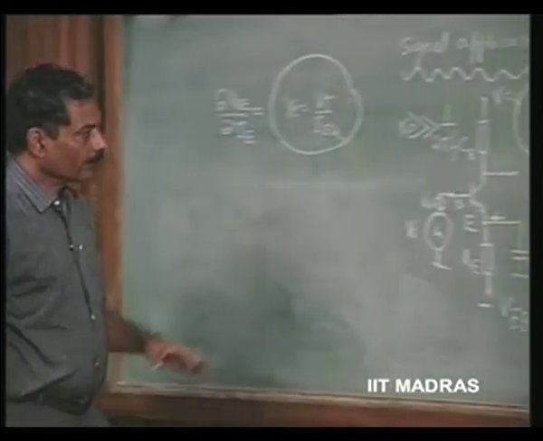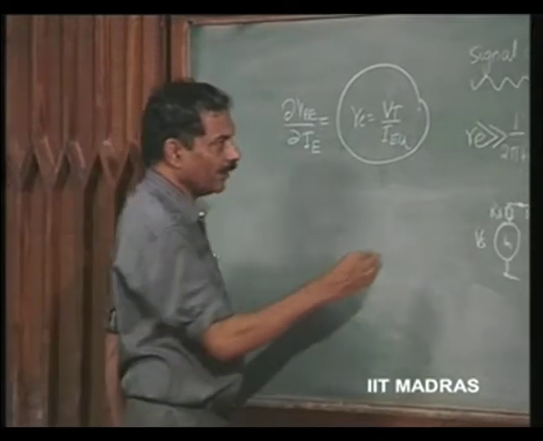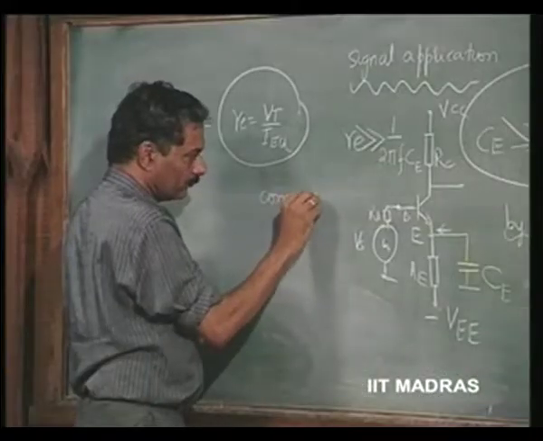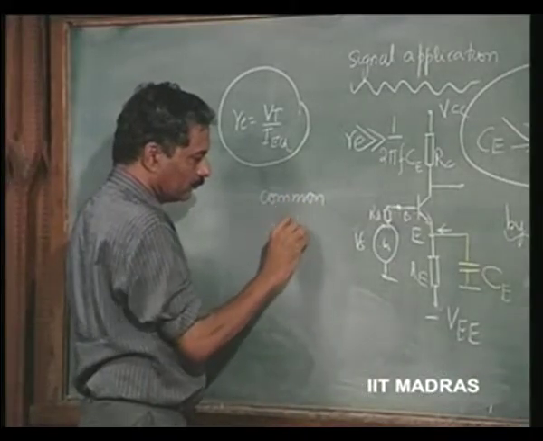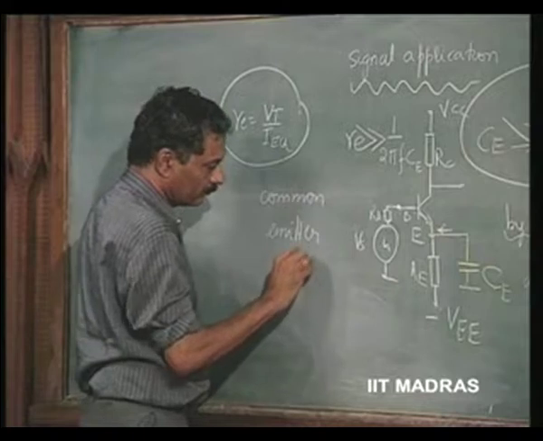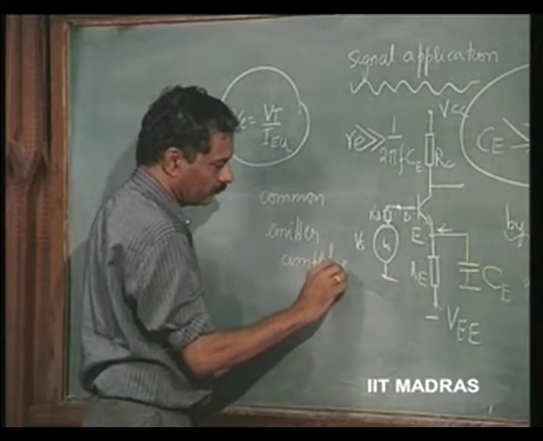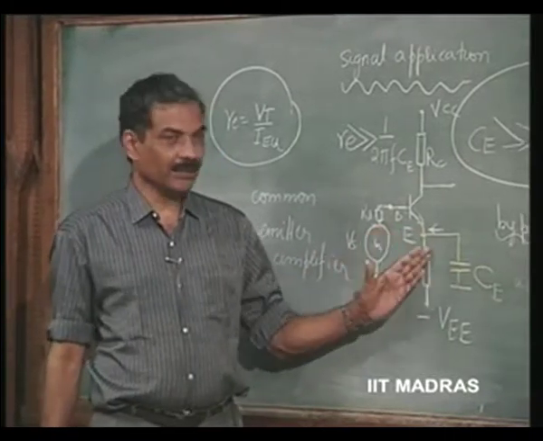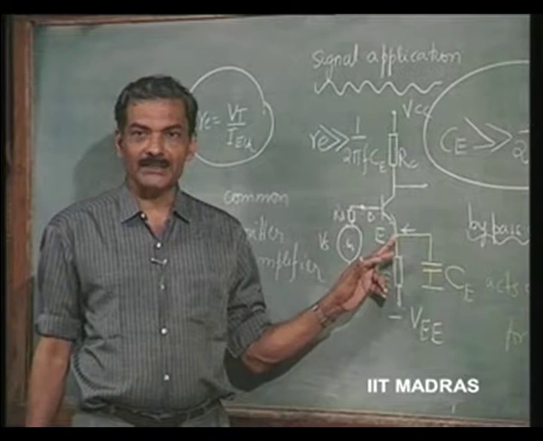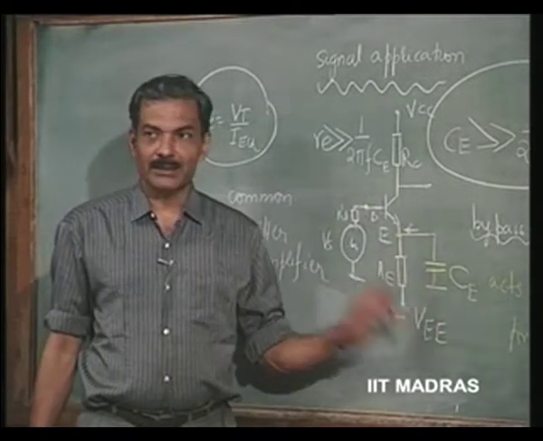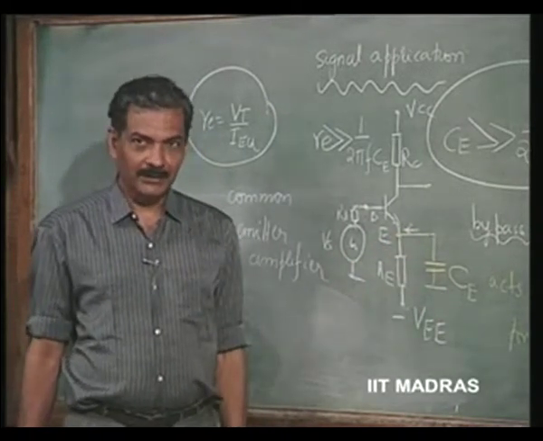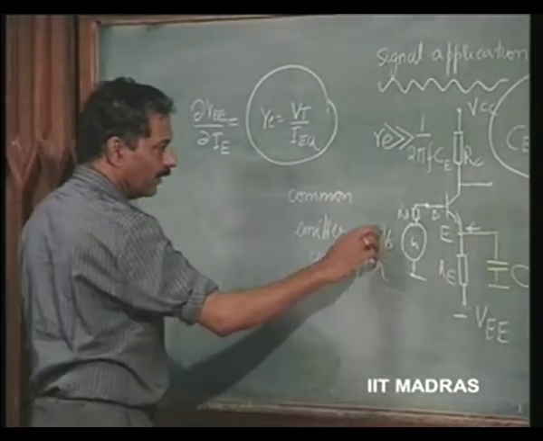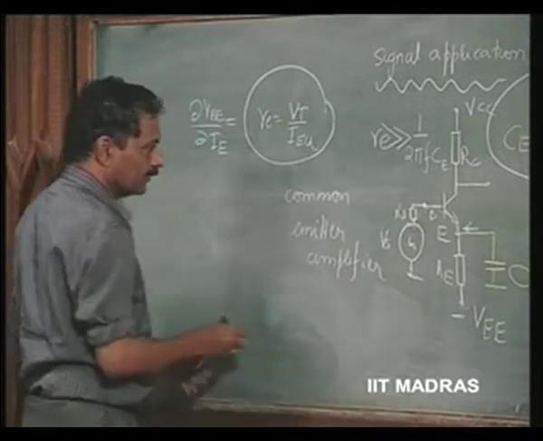Now, I have made this a common emitter amplifier by biasing it properly, fixing the emitter current and grounding this emitter point as far as signal is concerned using the bypass capacitor. After we do this, let us see what happens when we now apply this signal Vs.